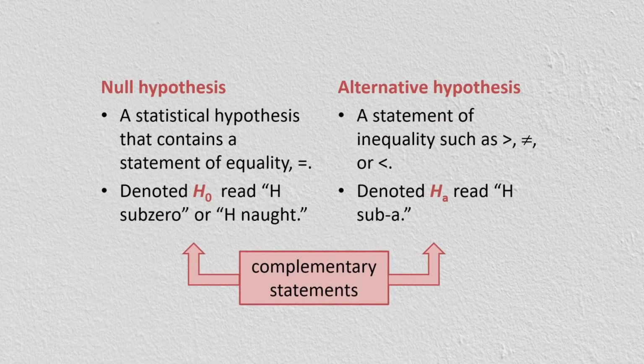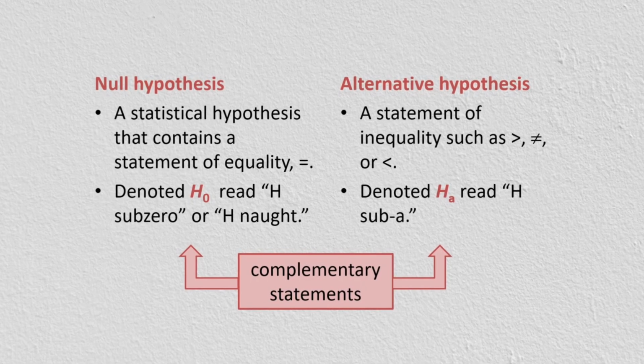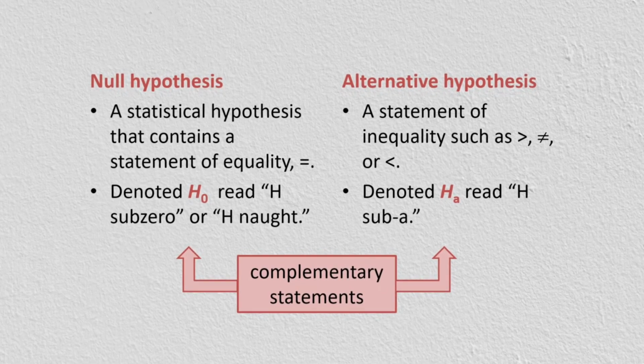So now when we are going to state a hypothesis, we have very easily seen in a figure that a statistical hypothesis that contains a statement of equality, that is the equal symbol, is denoted by H0, read H sub 0 or H naught.